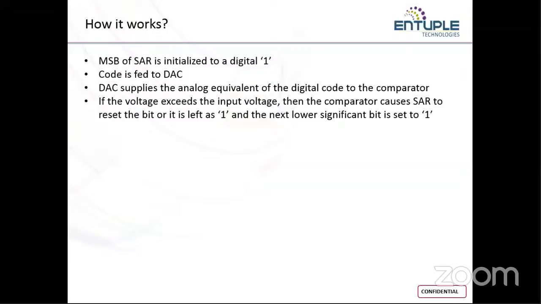The DAC supplies an analog equivalent to the comparator. If the voltage exceeds the input voltage, then the comparator causes the SAR to reset the bit, or it is left as 1. And the next lower significant bit is set to 1. This happens until all the 4 bits are either set or reset.